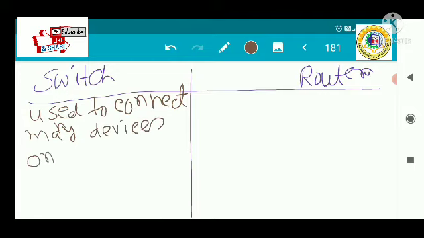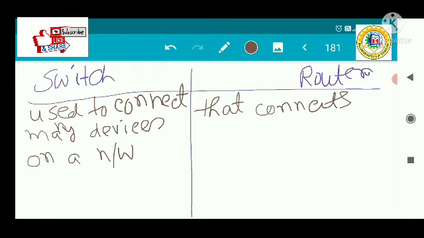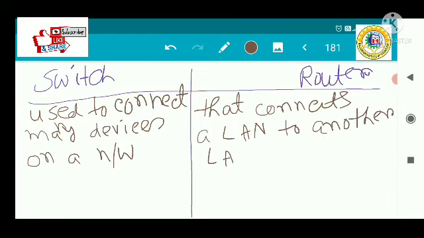In the case of the router, it is also a networking device, and it connects a local network to another local network. That means a local area network to another local area network. That is the main function of the router.